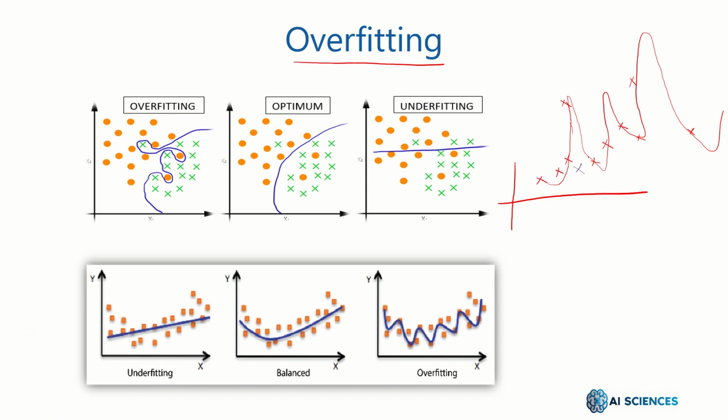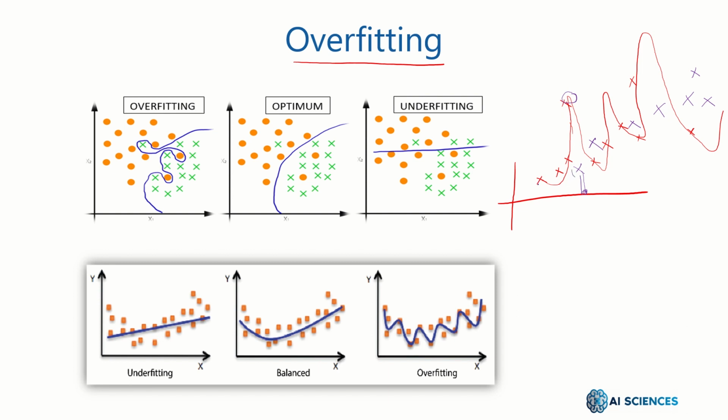For example, let's say these are many more points on the data that were unseen. You can see that the model at this particular point is trying to say that the actual prediction is this one. However, the actual prediction should be here.